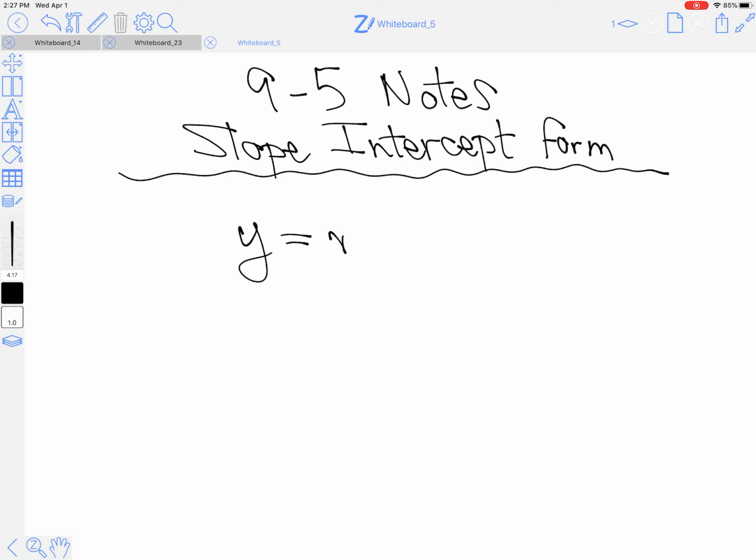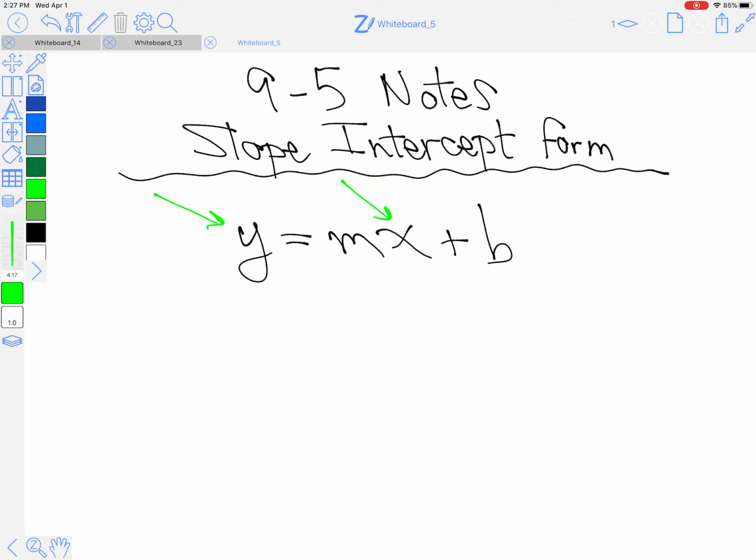First of all, maybe a couple things we've talked about before. Slope-intercept form is y equals mx plus b. The y and the x are the variables that will be in almost all of your equations, so you won't really be putting in numbers for those.